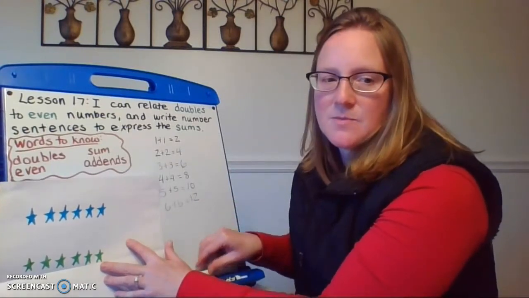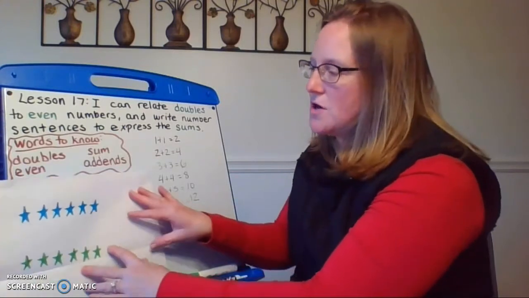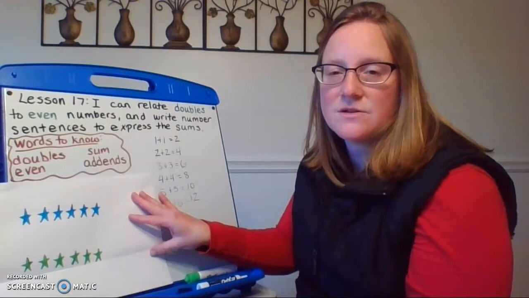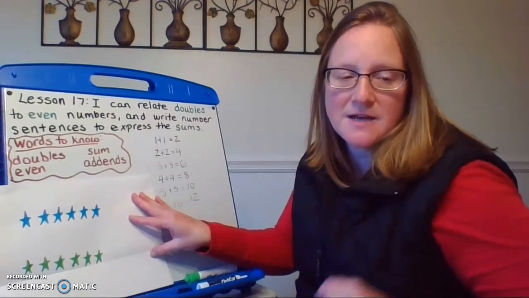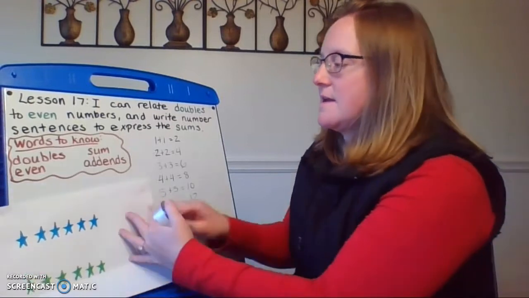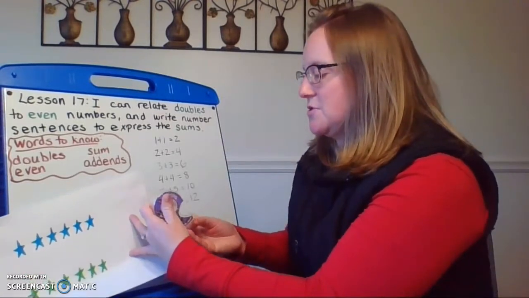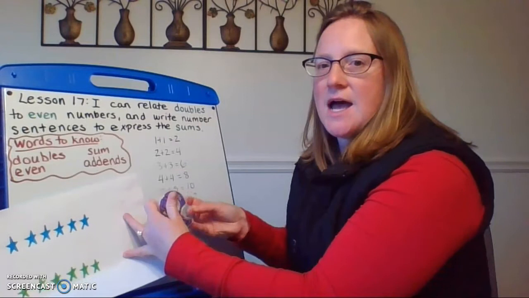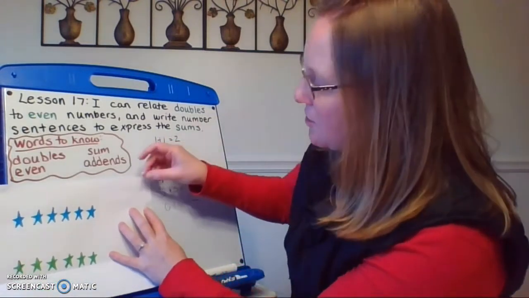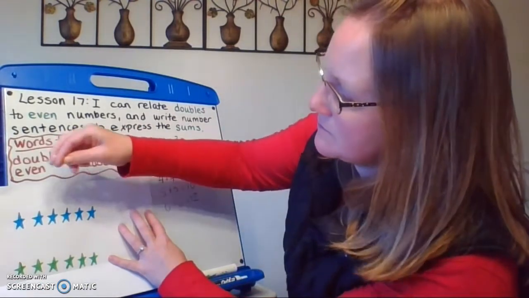Okay, let's keep adding to our picture. So draw out, if you don't know how to draw 6 stars, you could do circles, okay? So if I had 6 stars and I added 1 more star to my picture, how many would I need to add to my other row of stars?